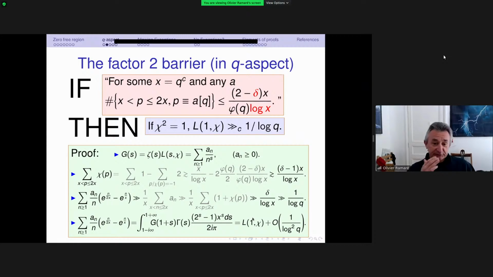So you see this factor 2 is not to be taken lightly. If you improve on it, you're going to get a wonderful result. So if you want to use the Brun-Titchmarsh, you should not expect to be able to do better.